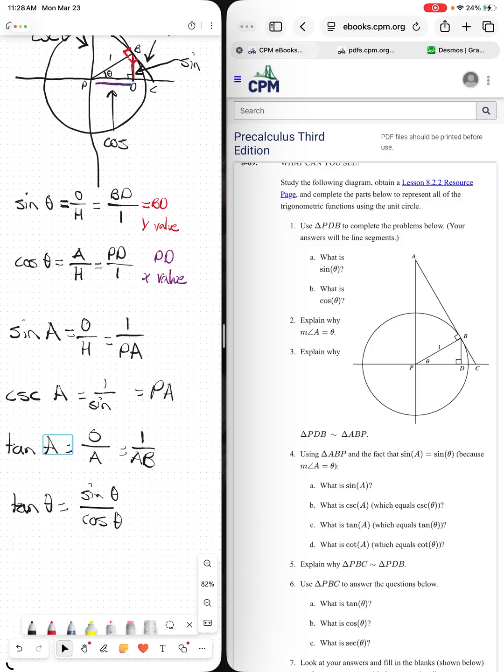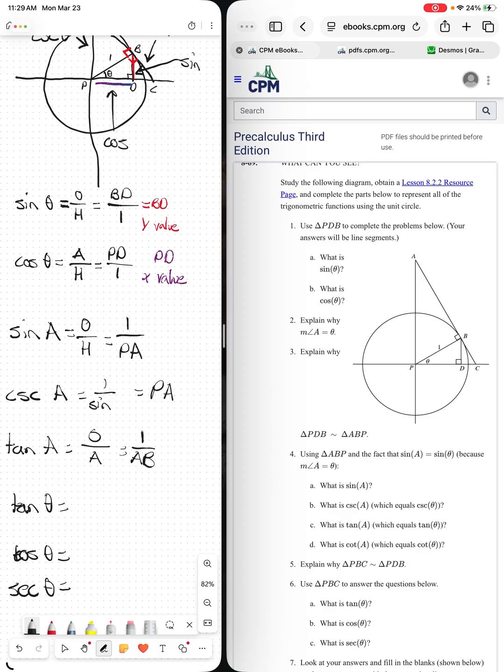What is the cosine? We've already done that. Cosine of theta is PD. Actually, I'm using the wrong triangle, guys. I apologize. Tangent of theta on the big one.